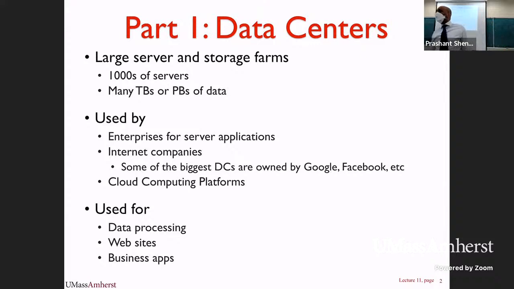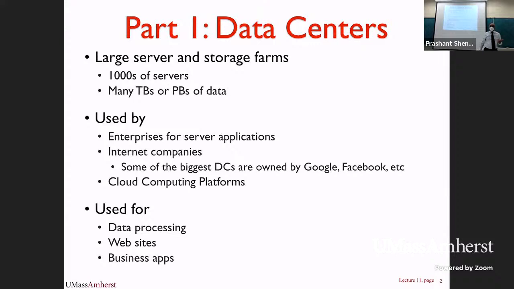And any organization that needs compute resources for server applications will first build a data center. Then those data centers will have these racks of servers, and then you'll run your applications on those servers. So it's providing compute infrastructure. They're used by enterprises to run server applications.